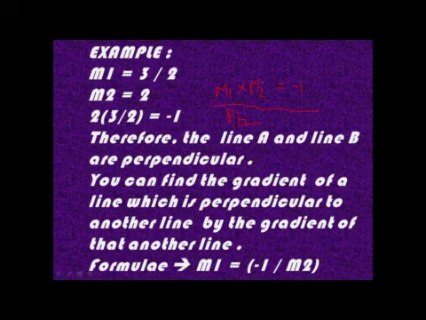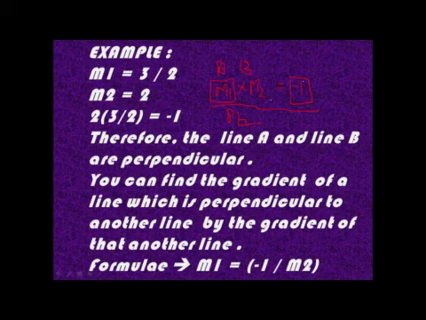You don't know the gradient of line A, M1, but you know the gradient of line B, and you know they are perpendicular. That means their product would of course be minus 1.